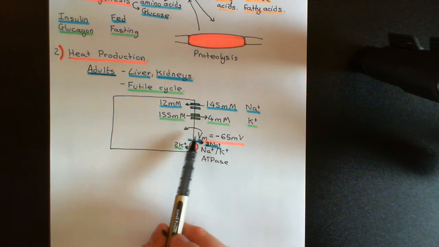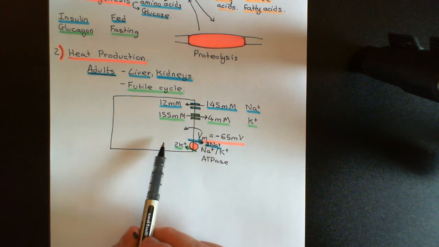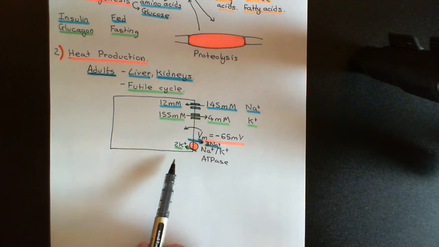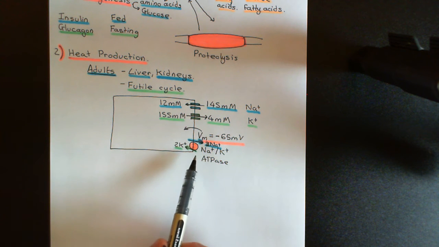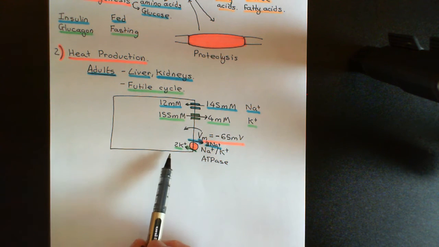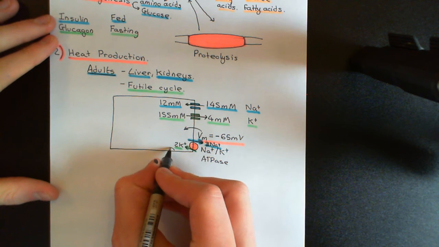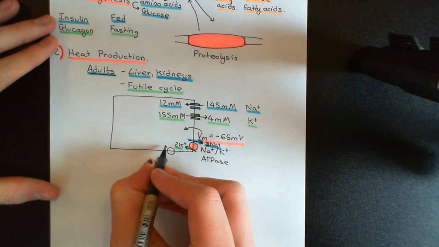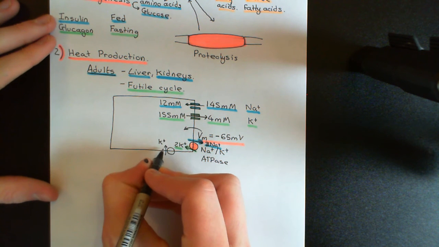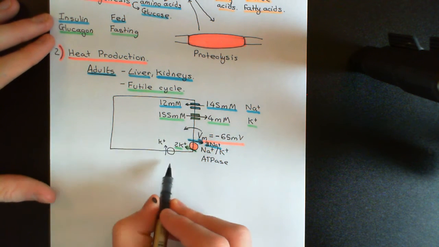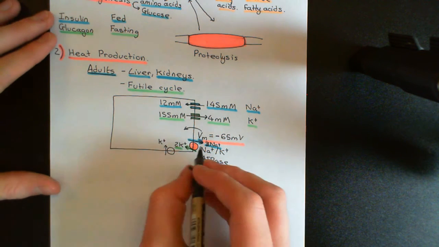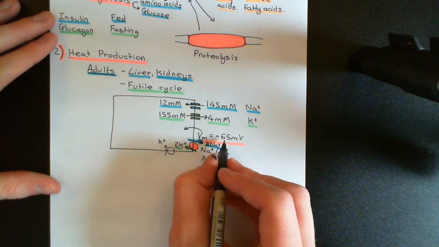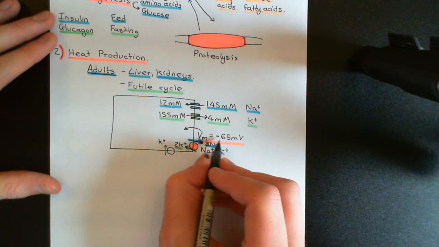The other thing that you have to be aware of is there are also pumps that just move potassium ions into the cell, and they can help balance the electrogenicity of the sodium-potassium ATPase. If you imagine having another pump here that just moves a potassium ion into the cell, then that would help to balance the electrogenicity of the sodium-potassium ATPase, so that its effect on the electrical potential difference across the cell membrane is kept negligible.